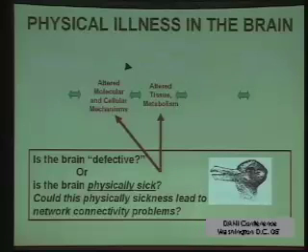Does it have an abnormal wiring diagram, or is the brain physically sick? And could this physical sickness lead to the network connectivity problems? And if you could treat this sickness, would the connectivity heal itself? And I think that second possibility is what this approach is based on.